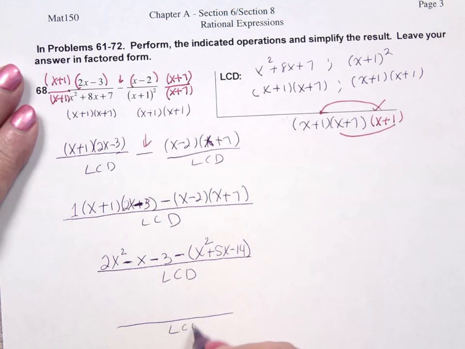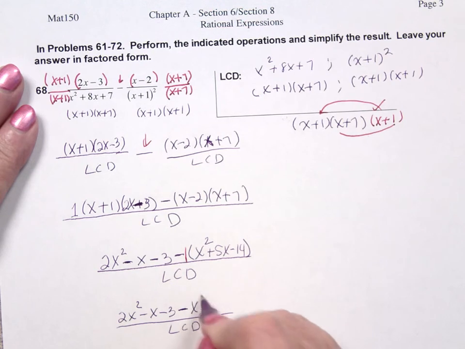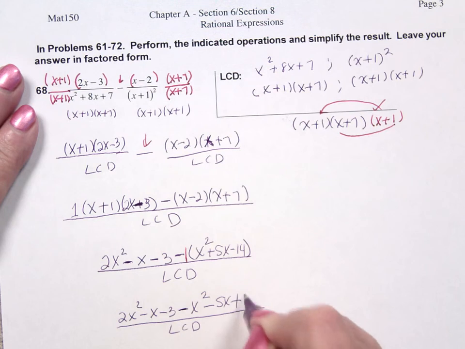So over the LCD, I'm going to have 2x squared minus x minus 3 minus, this is a minus 1, so it's going to change everything on the inside, minus x squared minus 5x plus 14.